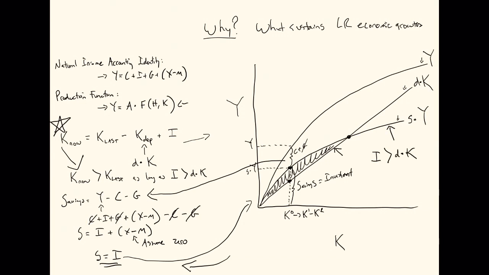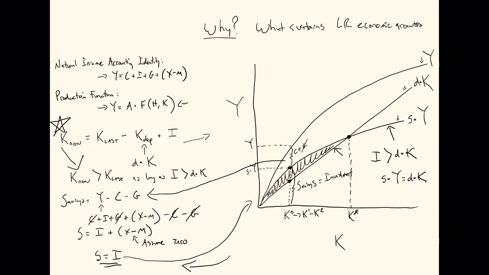Therefore, our steady state equilibrium will occur where S times Y equals D times K. To determine what our steady state equilibrium physical stock is, we would just trace this down to the horizontal axis. And we'll call this K star.